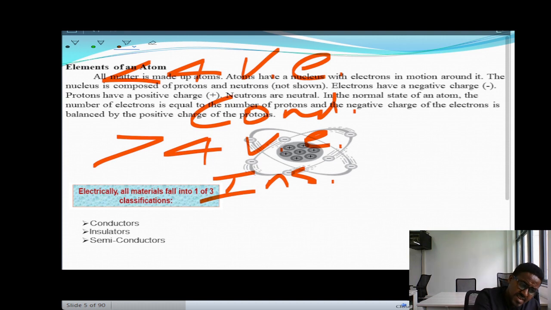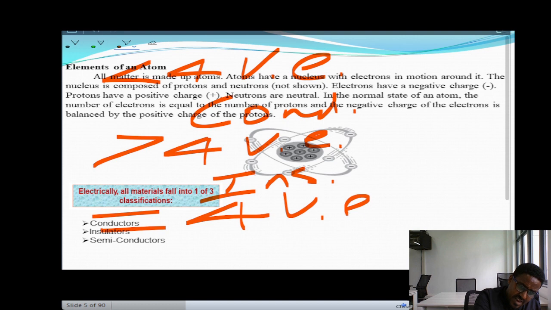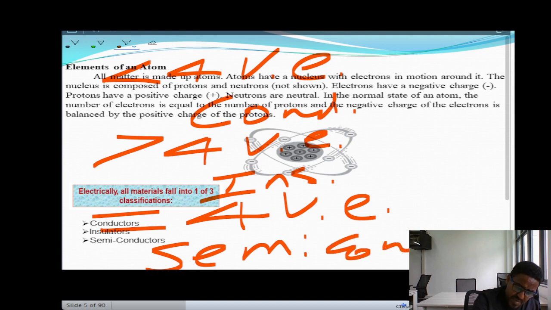But when the material has exactly 4 valence electrons, we call it a semiconductor. Semiconductors have resistivity less than an insulator and more than a conductor.